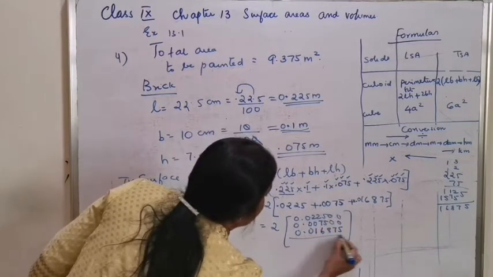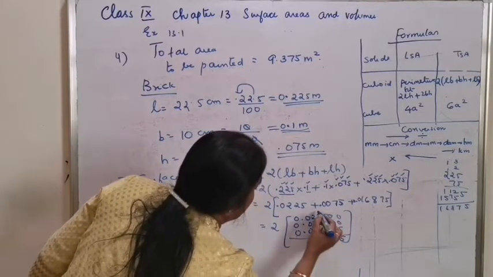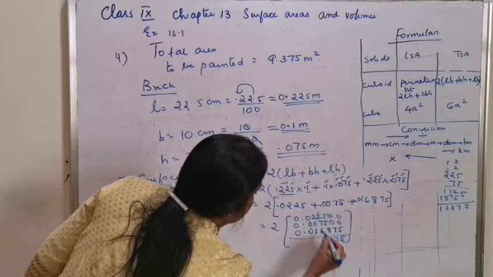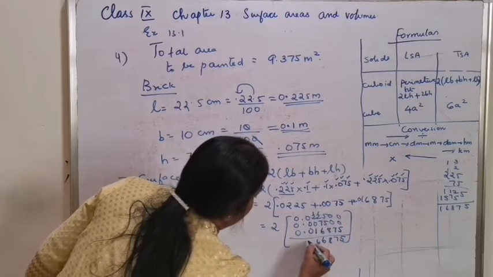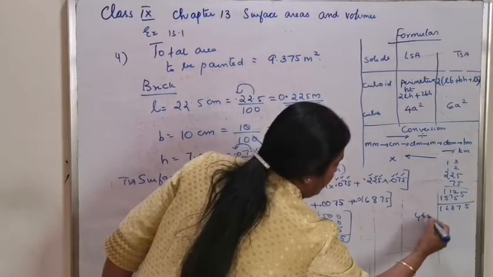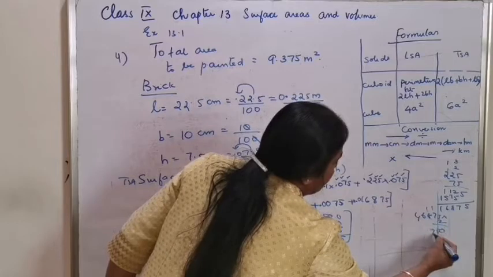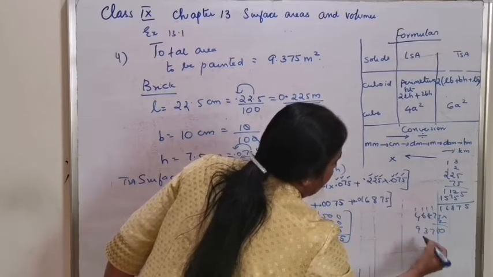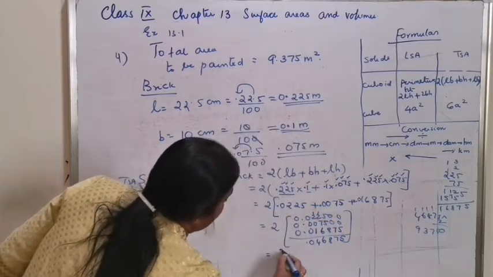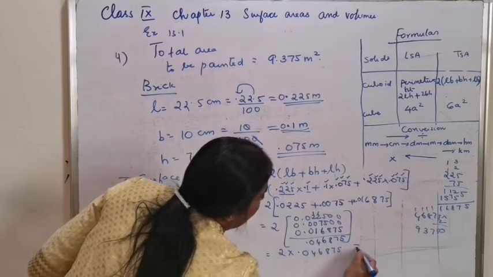So what is the total? 0.046875. Now multiplying by 2, 5 twos are 10, 4 twos are 8, which gives 0.09375, which is equal to 2 into 0.046875.